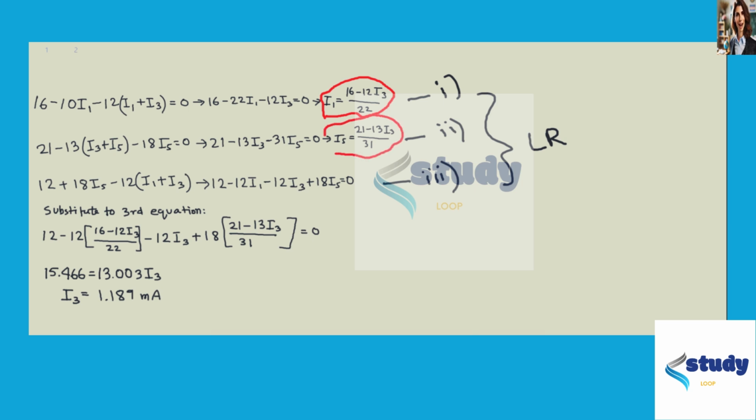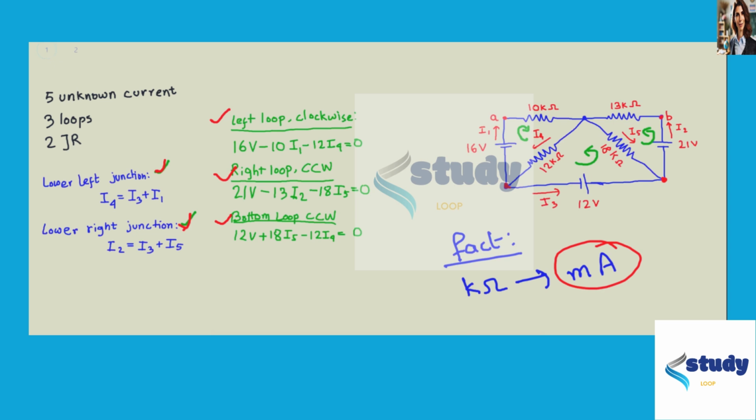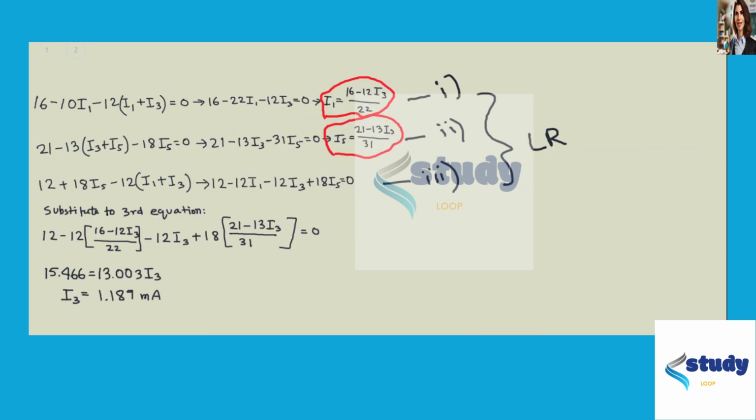Right. So now we have an expression for I5 in terms of I3, and we have an expression of I1 in terms of I3. So if we look at the last equation, we have I5 and I4 in them.